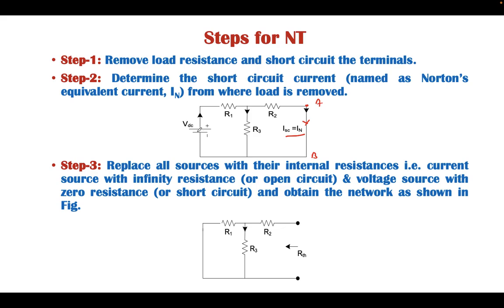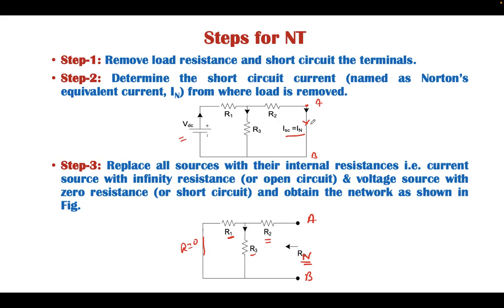Here we have only one source, that is a voltage source. When the source is replaced with its internal resistance, it creates a short circuit. It means R is equal to 0, and hence R1 and R3 will be in parallel, and the parallel combination of these two will be in series with R2, and this is nothing but RN across terminals A and B. This is the equivalent resistance.